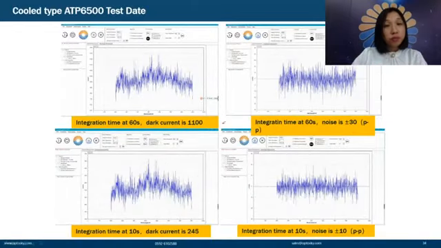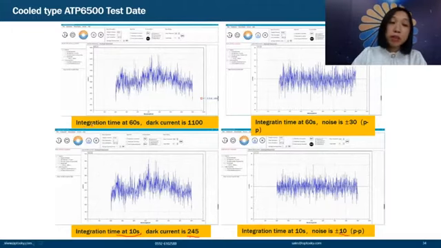However, if the integration time increases to 10 seconds, the dark current increases to 245, and the noise is 10, also very low.